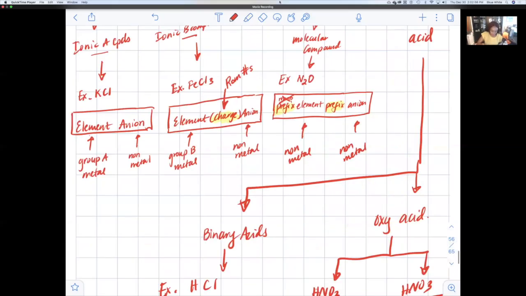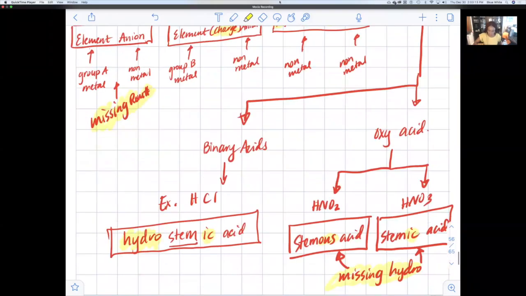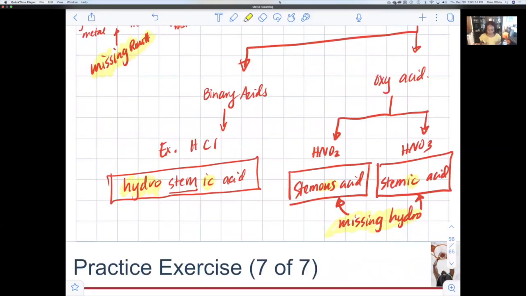With this one here, these are missing Roman numbers. I'm trying to show you how to identify this a different way, the thought process that you may use. Missing Roman numbers, these are missing the prefix hydro. Okay, stomach acid.